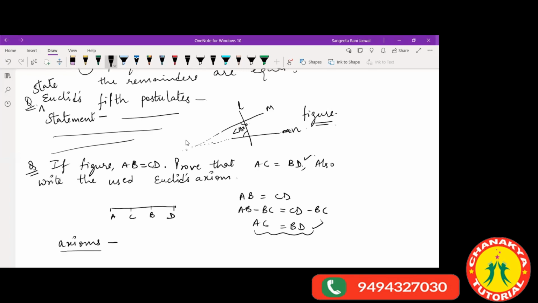So the maximum importance in this question is this part. So axiom that follows. You will write here, when equals are subtracted from equals, the remainders are equal.